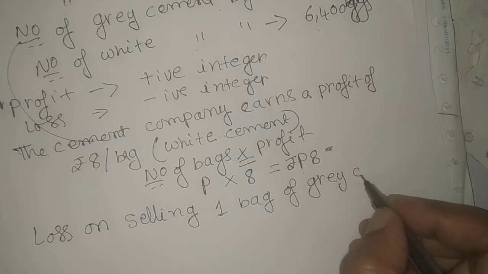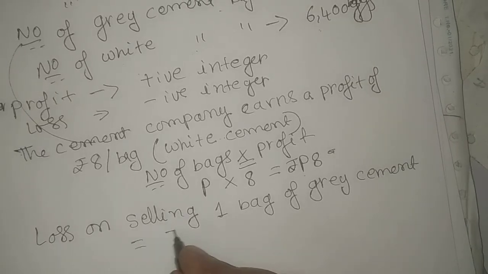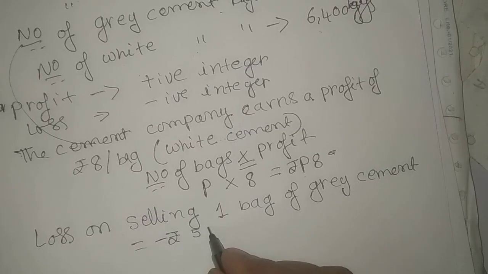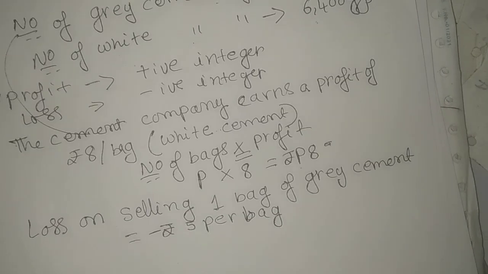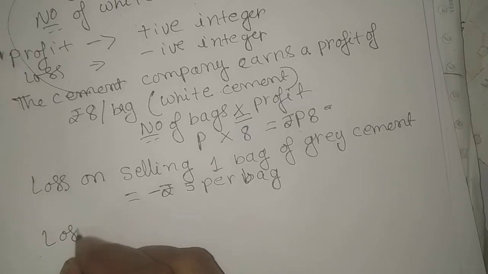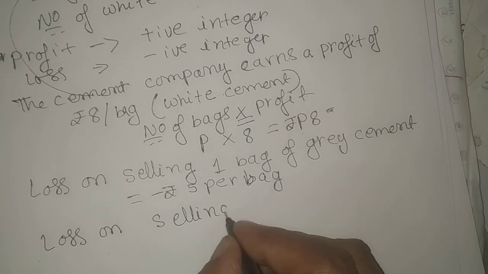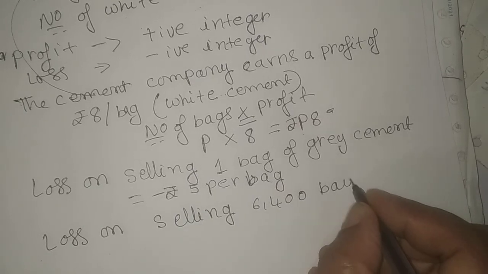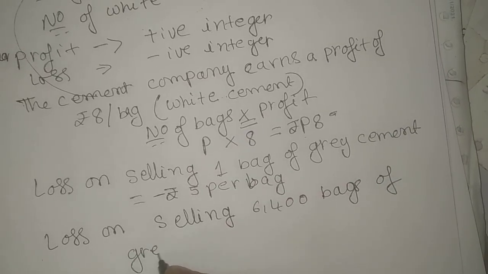Since we took loss as negative, it is rupees minus 5 per bag. So now we'll take the loss on selling 6,400 bags of grey cement.